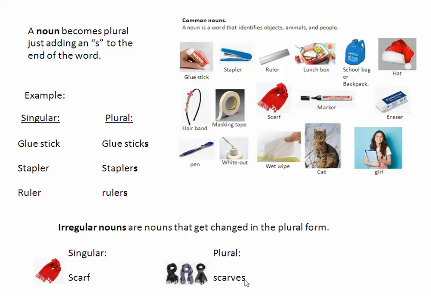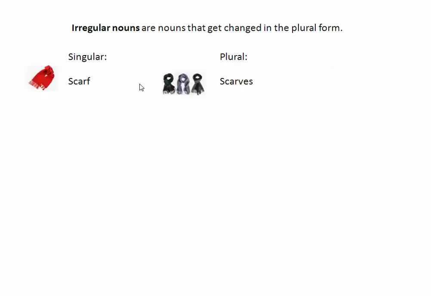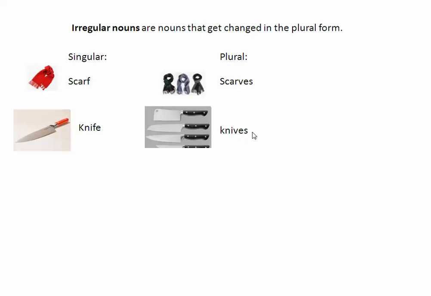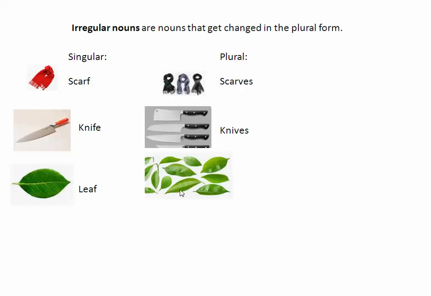Notice how the word changes. Another example of an irregular noun, knife, in plural is knives. Another example, leaf, and in plural is leaves.